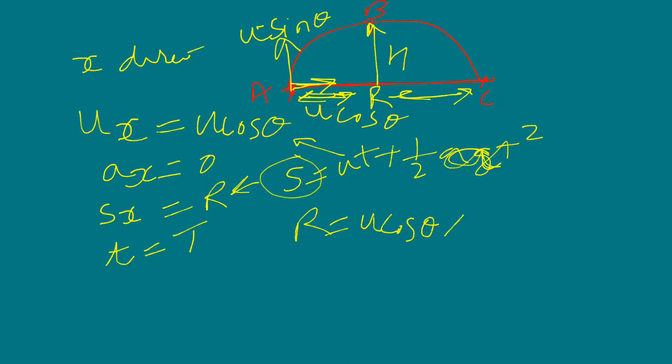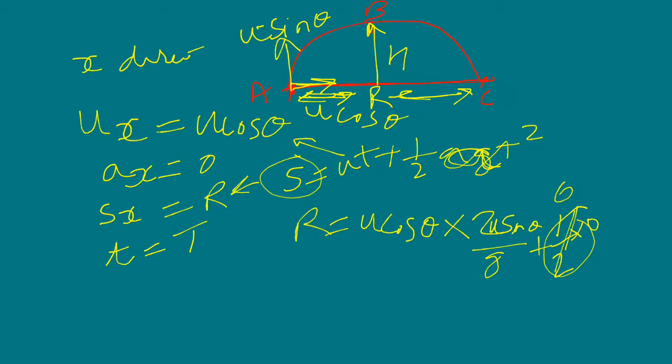We derived the time previously: 2u sin theta by g. Then acceleration along the x-axis is 0, so plus half into 0 into t square, so this whole thing will become 0.